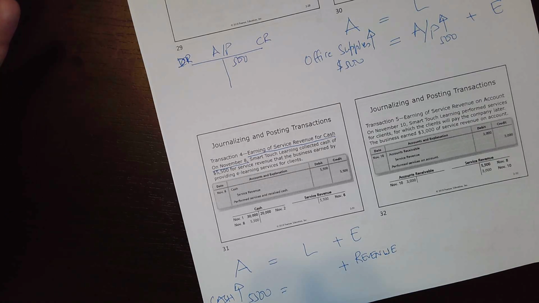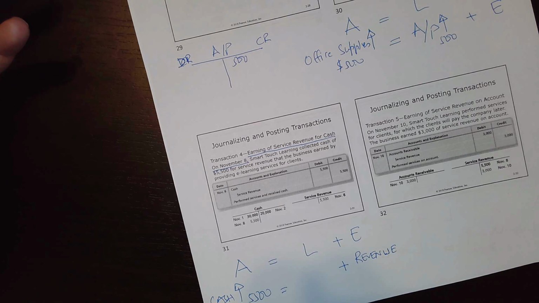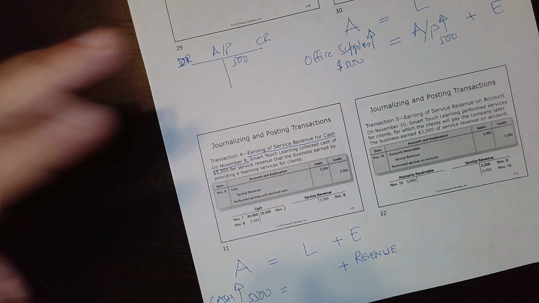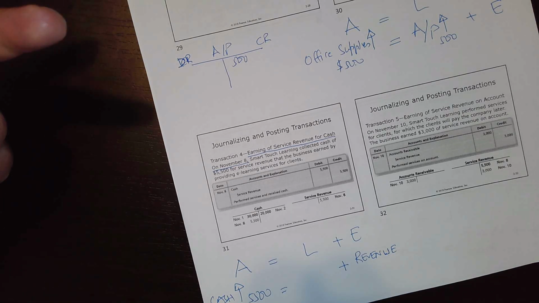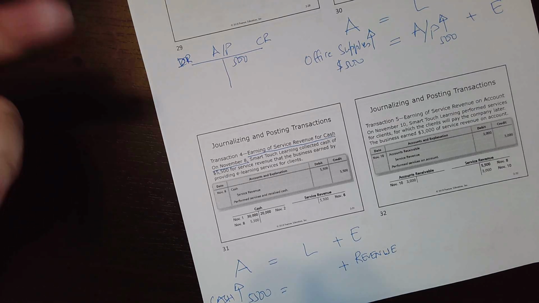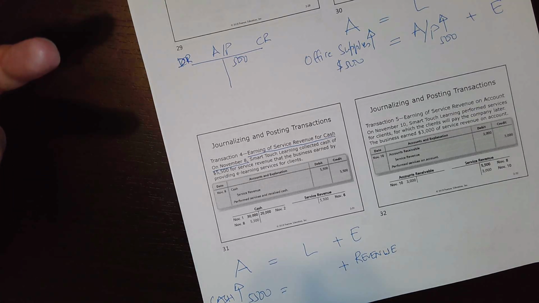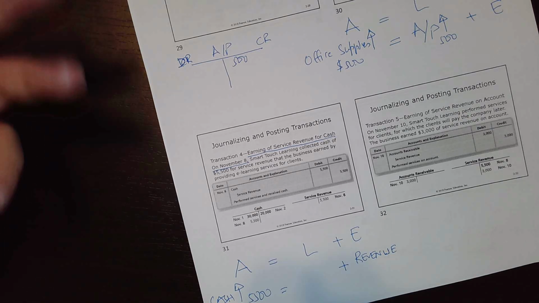So a doctor will consider service revenue, an engineer, a lawyer, a dentist, an architect will consider service revenue. But on the other hand, Walmart, Target, Best Buy, Costco, Sam's Club will be talking about sales revenue, because all these five are retail and wholesale companies. They sell various products.